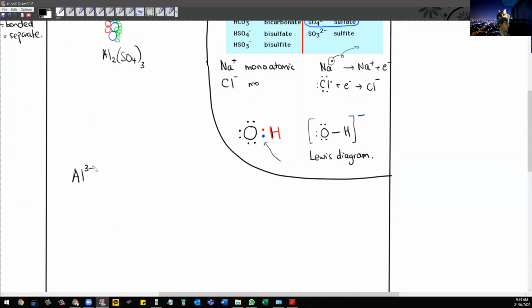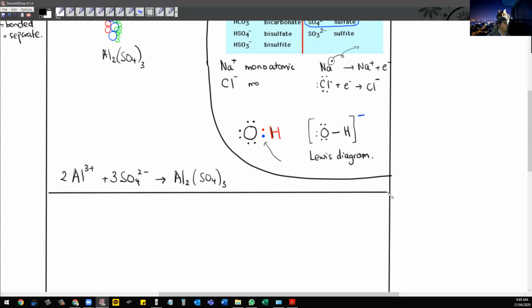So Al3 plus, and then you have SO4 2 minus. You have 2 of this and 3 of that combined to give Al2(SO4)3. Okay, make sense? Yeah. So that's the proper way of doing this decomposition of the aluminium sulfate.